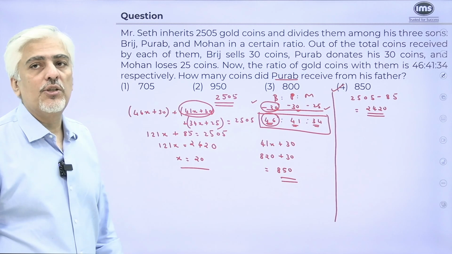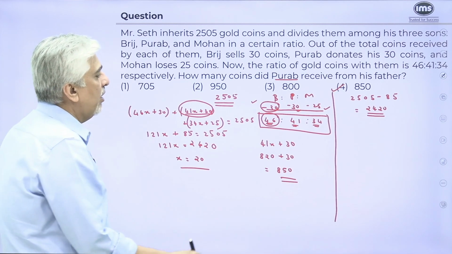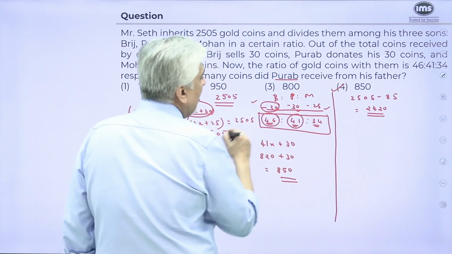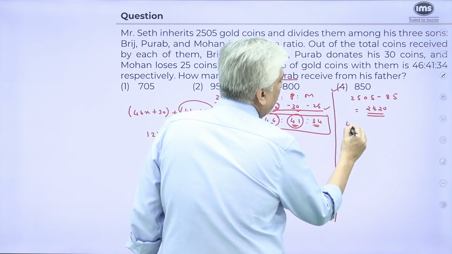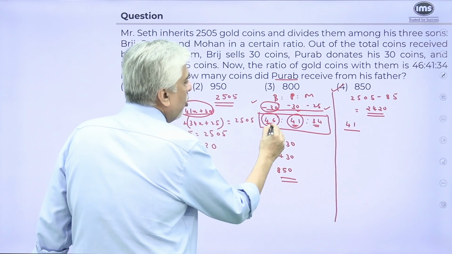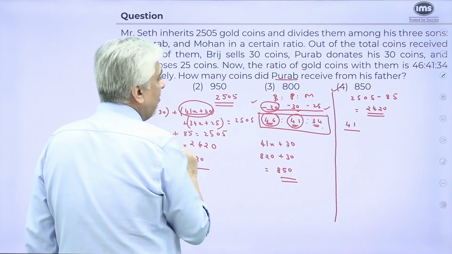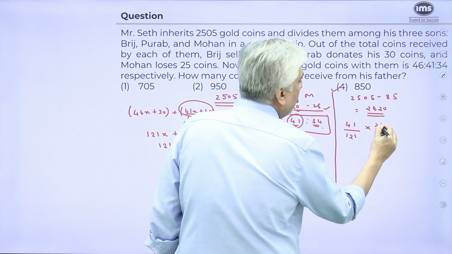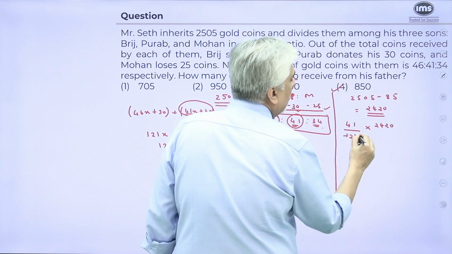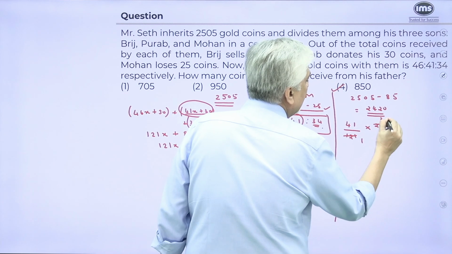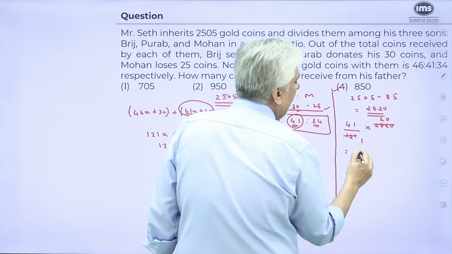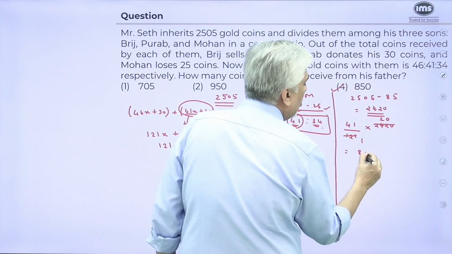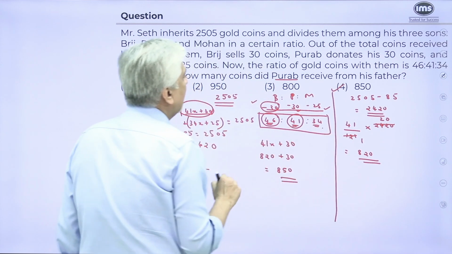Out of that, what is Purab's share? 41 parts out of a total of all these parts, which is 121. So Purab will get 41 upon 121 of 2420. 121 twos are 242. And therefore 820 is what Purab gets.